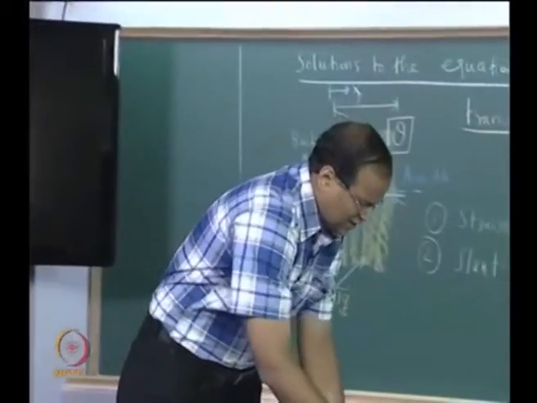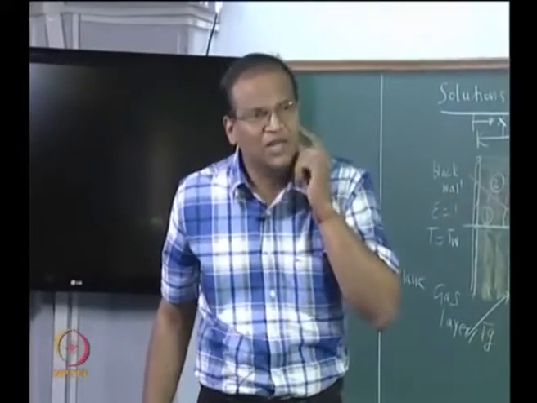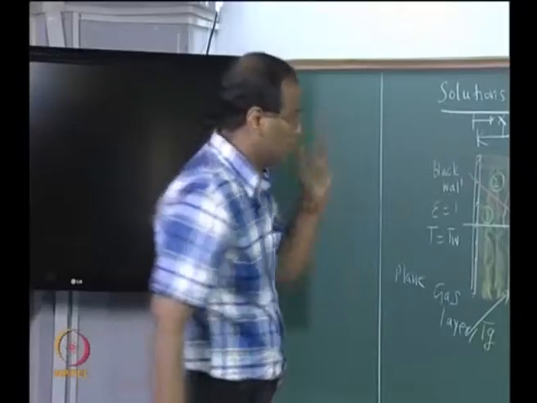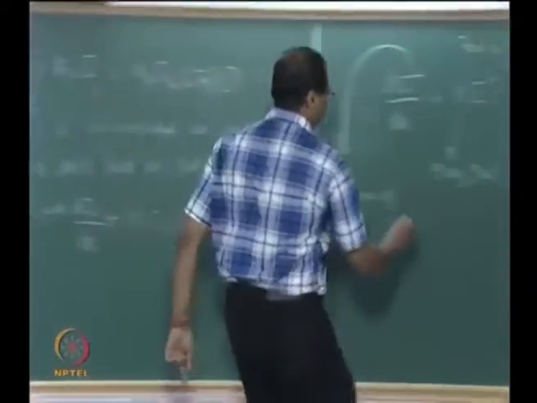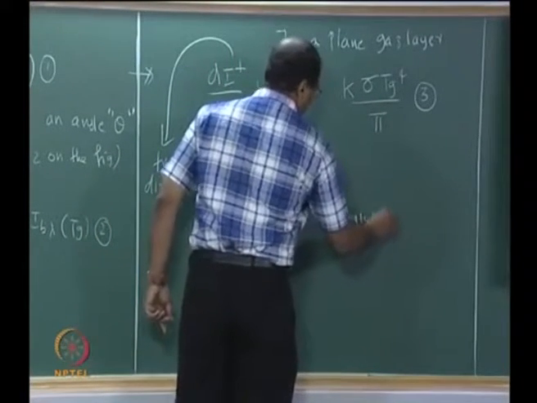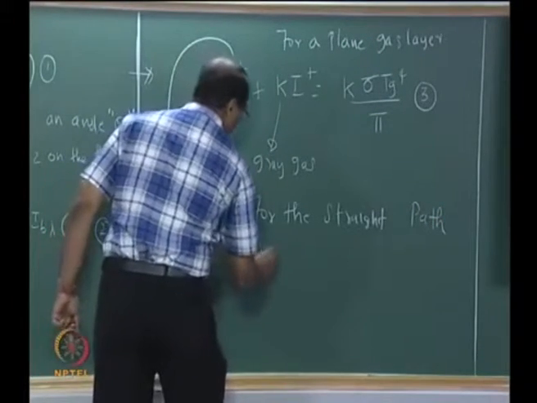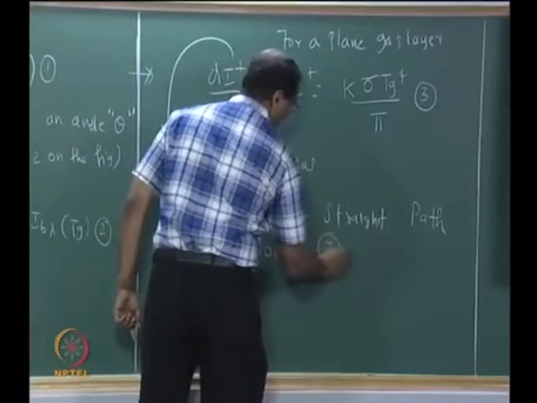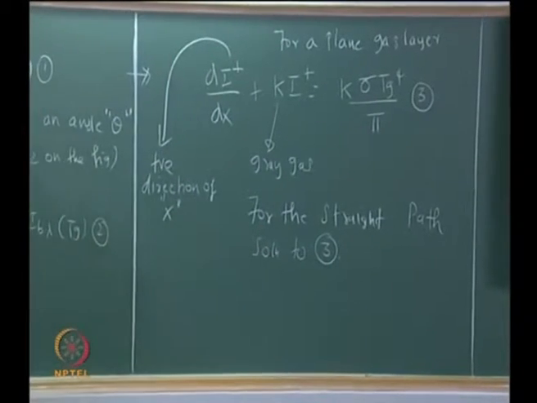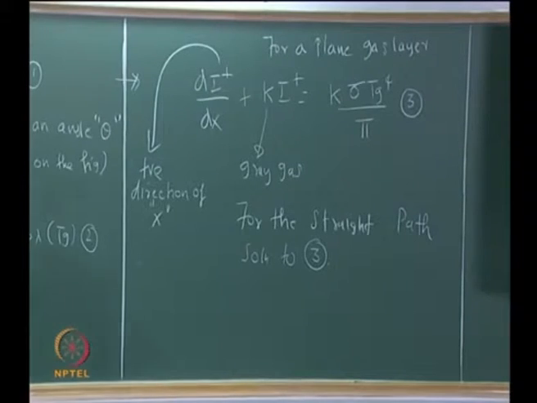Now can we solve the equation of transfer for the straight path and then we will infer what the solution will be for the slant path. So let us try and solve equation 3 for the straight path. The solution to 3 consists of two parts, namely the complementary function plus the particular integral. The complementary function is obtained by setting the right hand side equal to 0 in equation 3. Let me do that.